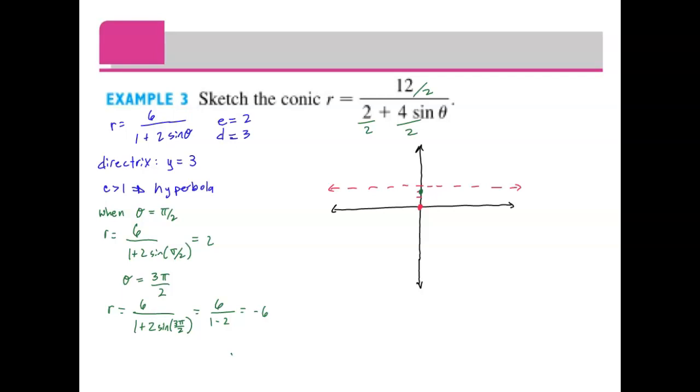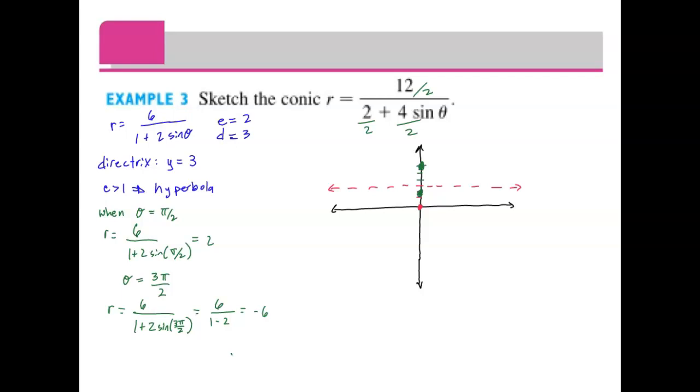When we rotate to 3 pi over 2, which would be from here to here, I'm facing down, basically. My radius is negative, so I'm going to count up in the opposite direction. So it's 1, 2, 3, and then 4, 5, 6. So there's my other vertex.